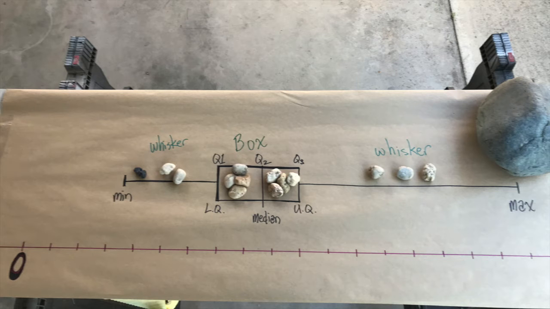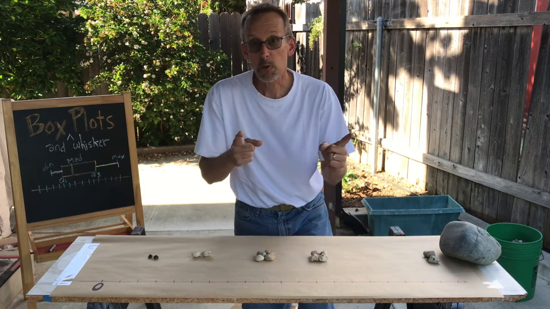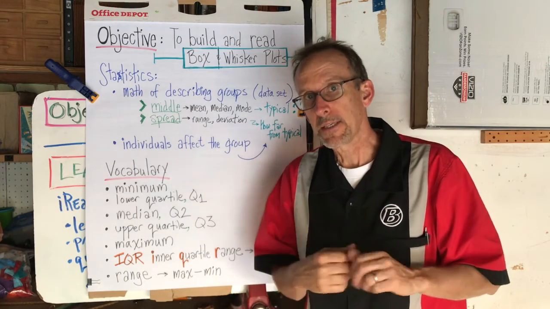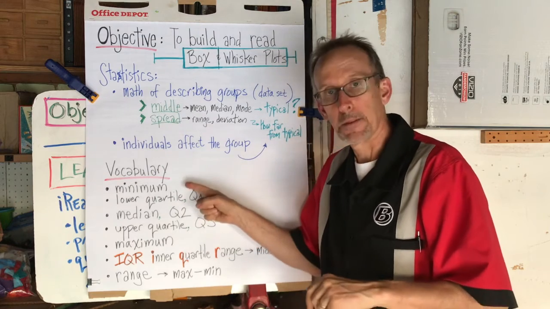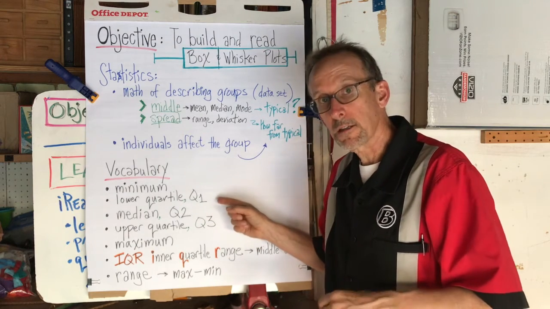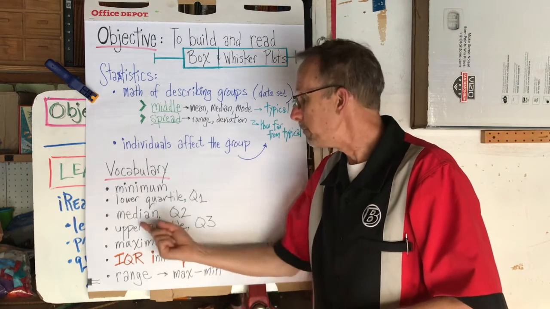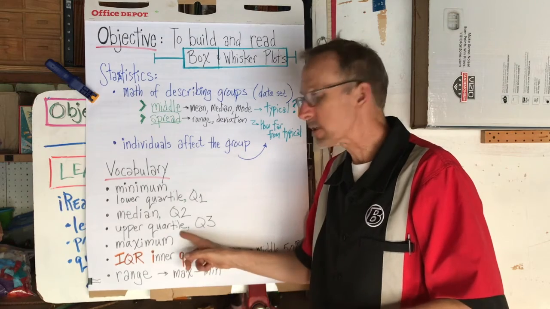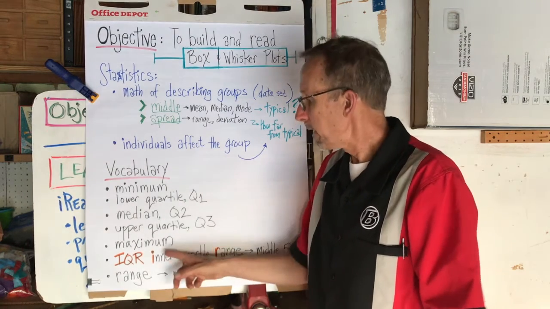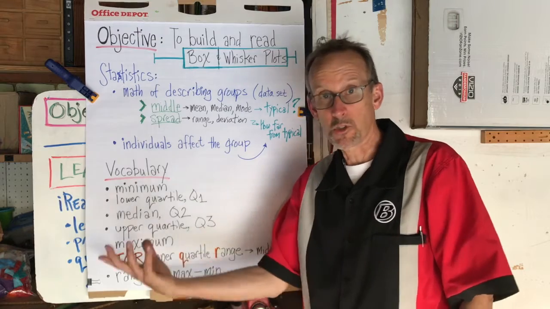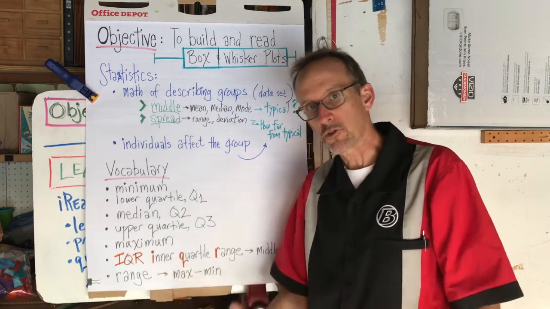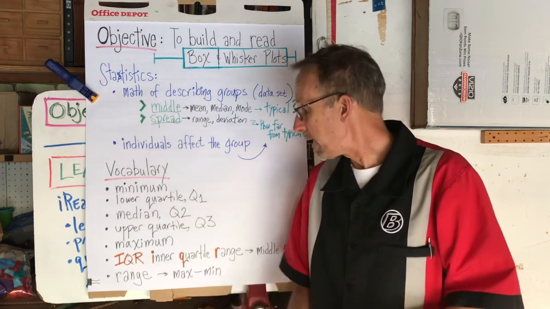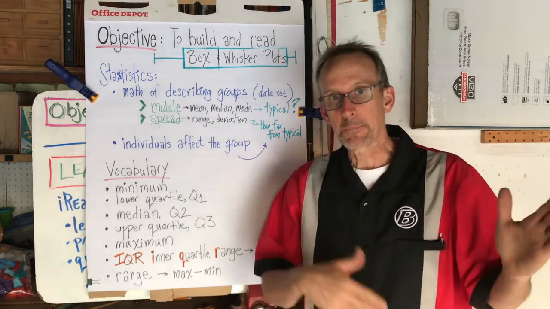Let's go back to our notes. Here's some vocabulary that you'll come back to time and time again when you're doing box and whisker plots: the minimum, the lower quartile, also called Q1, the median, which is the middle of the data, often called Q2, the upper quartile, called Q3, the maximum, the largest value, the interquartile range, IQR, that's that middle 50% of the data, and then last is the range, the maximum minus the minimum.